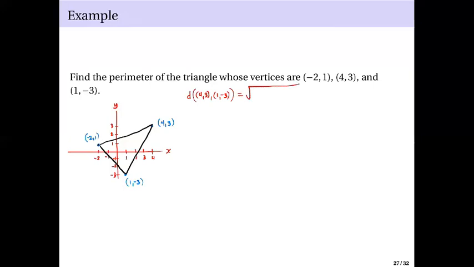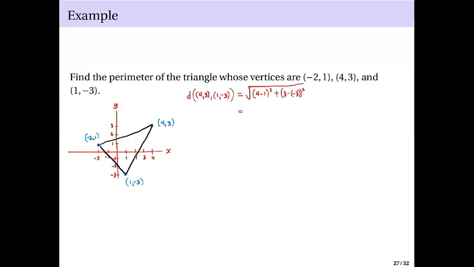This is the square root of the quantity (4 minus 1) squared plus (3 minus negative 3) squared.